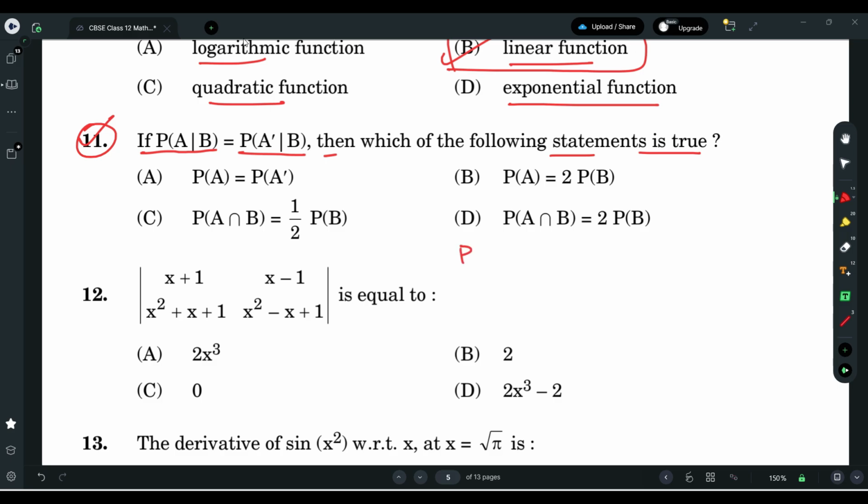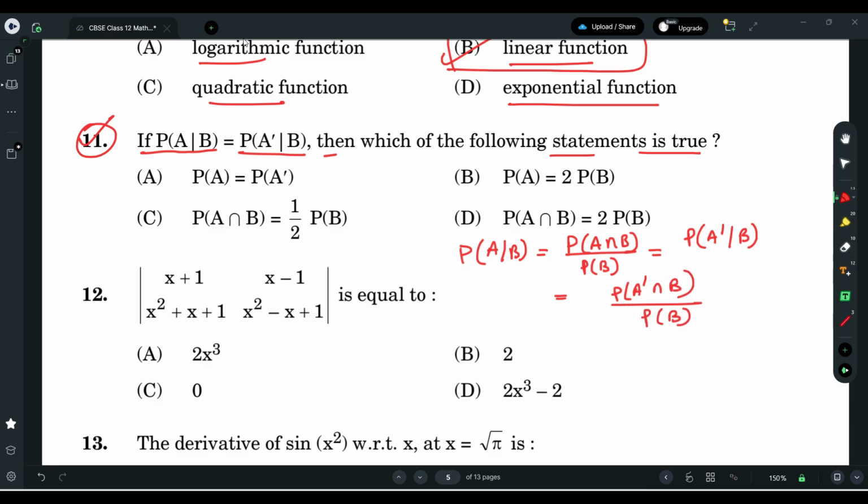So let us write P of A condition B. This is equal to P of A intersection B divided by P of B, and also this is equal to P of A complement condition B. That means this is equal to P of A complement intersection B divided by P of B. So P of B both get cancelled.